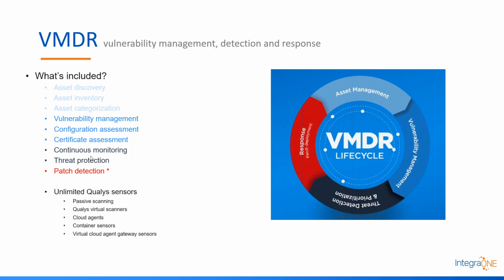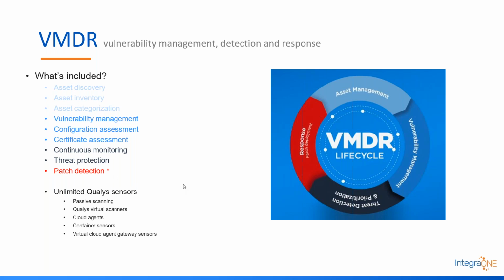The reason being is that Qualys didn't want to charge customers that weren't going to use the feature, right? If you're very fond of your SCCM deployment and you want to continue using that, hey, we're not going to go against the grain. Likewise, we're also not going to charge you for a feature you won't use. So that's one additional question when we're quoting out VMDR. Do you need patch remediation, or would you like to just have the default detection?